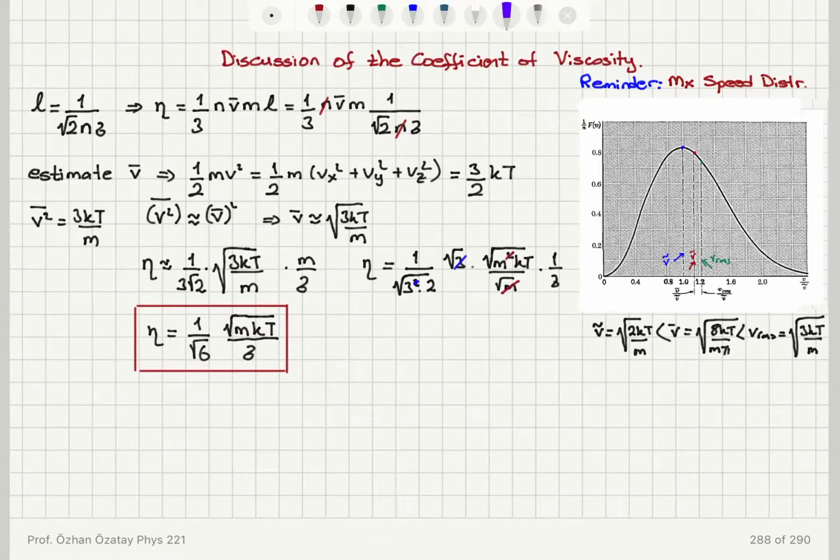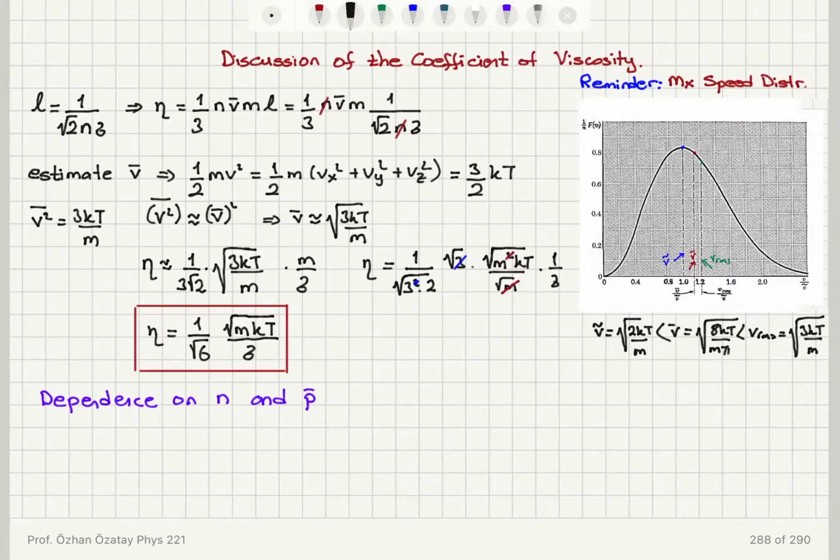Now I want to concentrate on the dependence on n, the number density, and the mean pressure. How does the mean pressure and the number density affect the coefficient of viscosity?